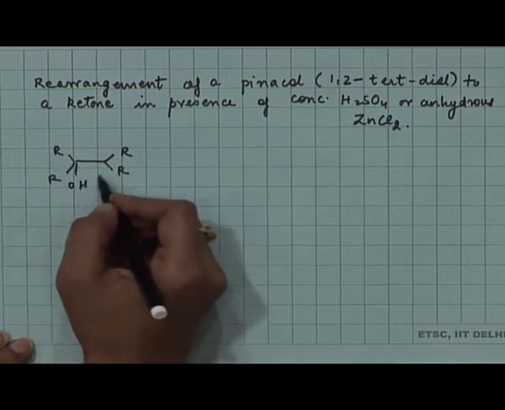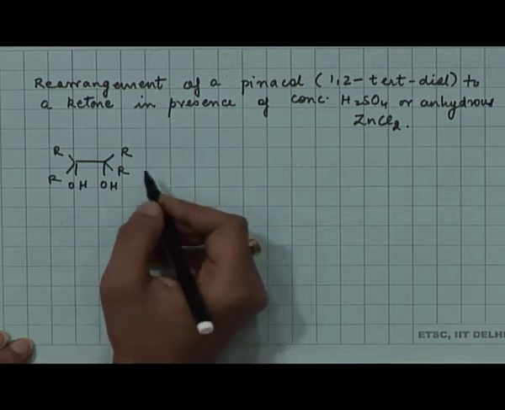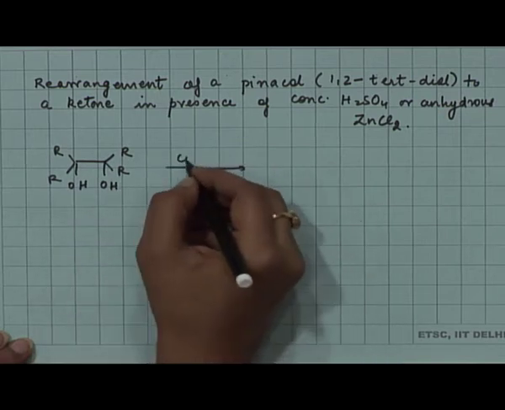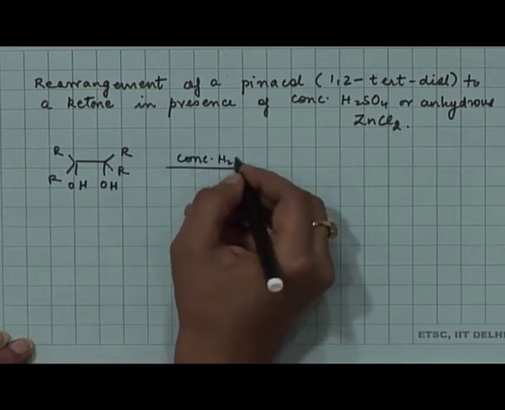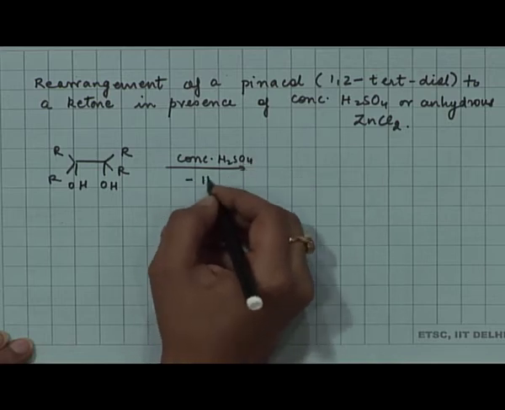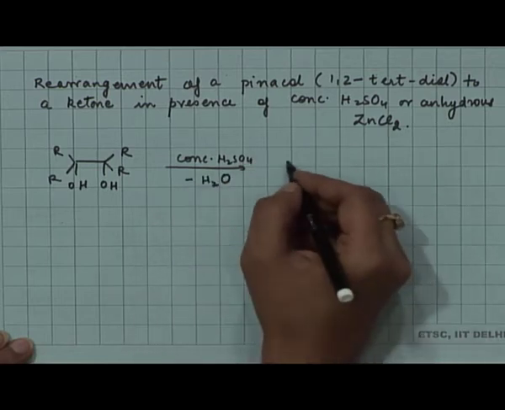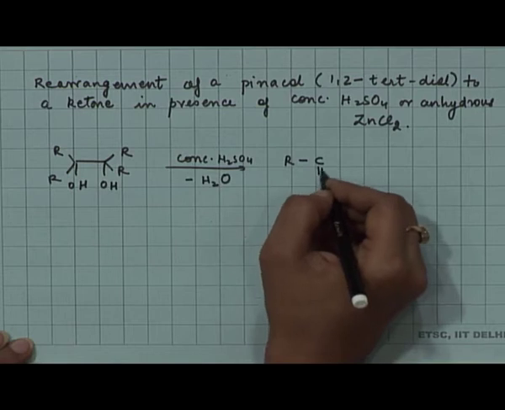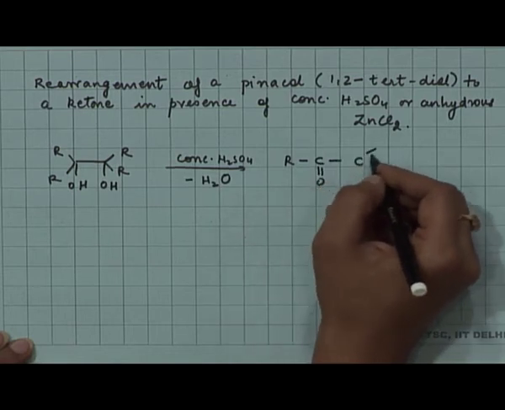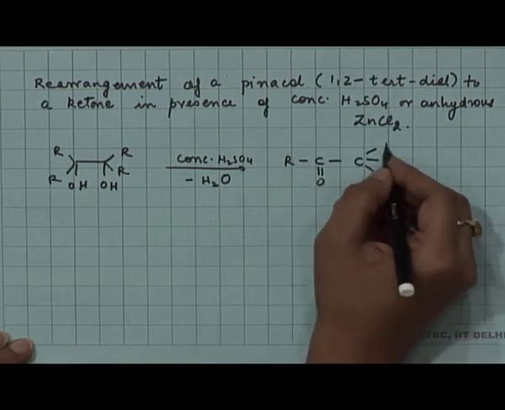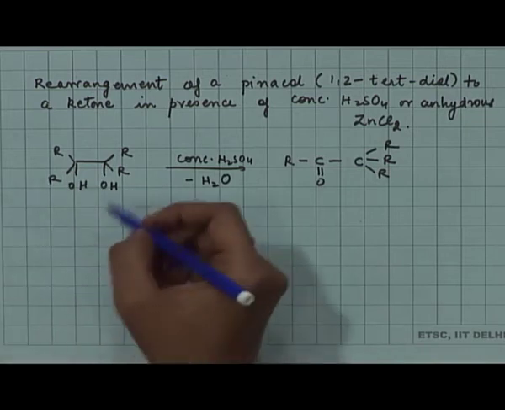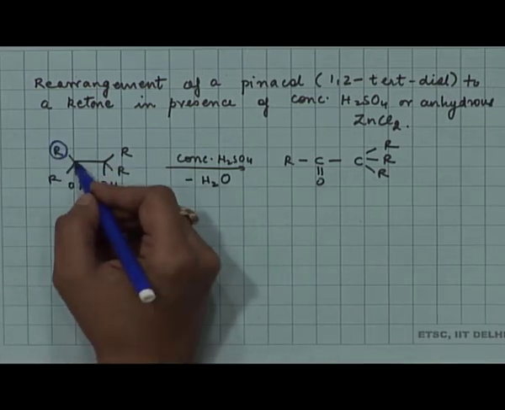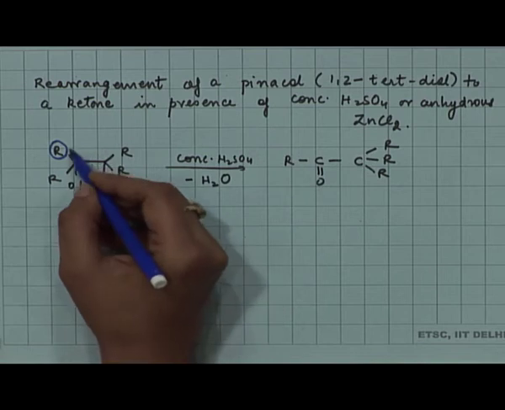You start with this Pinacol and treat it with concentrated H2SO4. It undergoes elimination of a water molecule, and in the process you get this ketone, in which there is a migration of an alkyl group from carbon 1 to carbon 2.